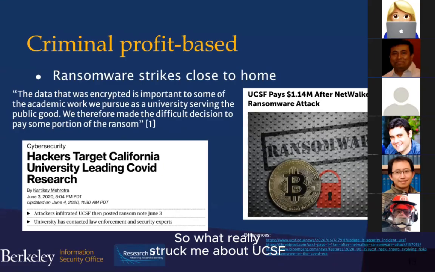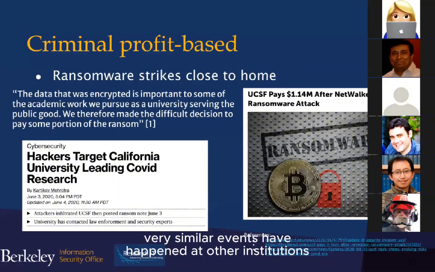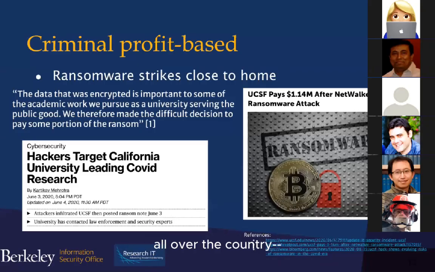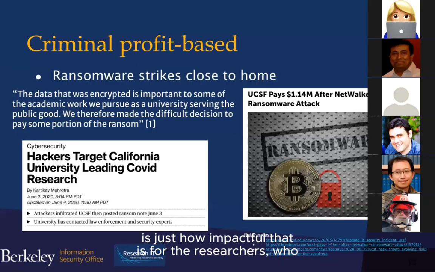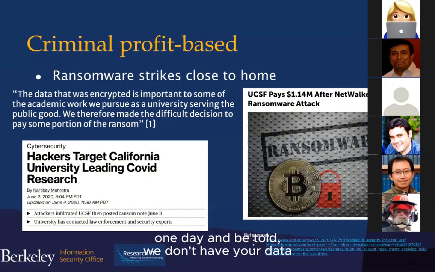So what really struck me about UCSF, and very similar events have happened at other institutions all over the country, is just how impactful that is for the researchers who depend on this data, who need this data, to just wake up one day and be told, we don't have your data and we don't know if we can get it back.